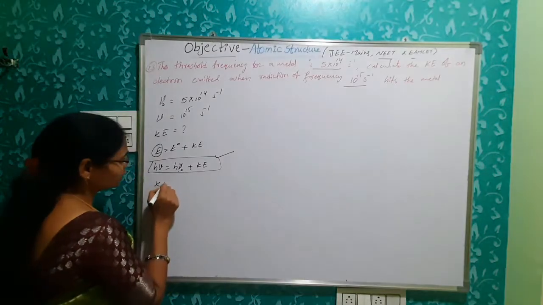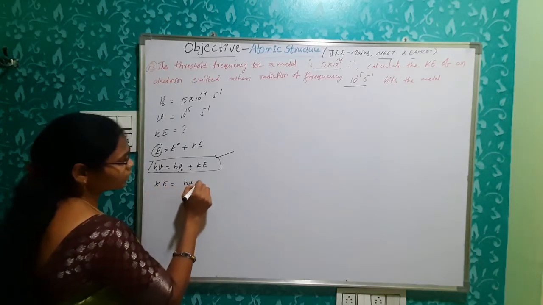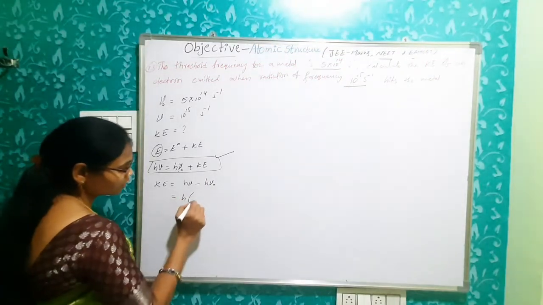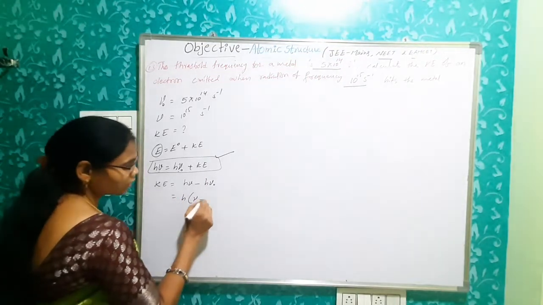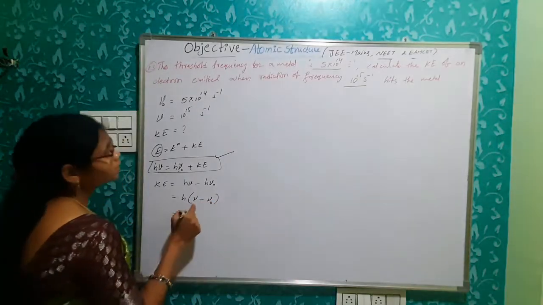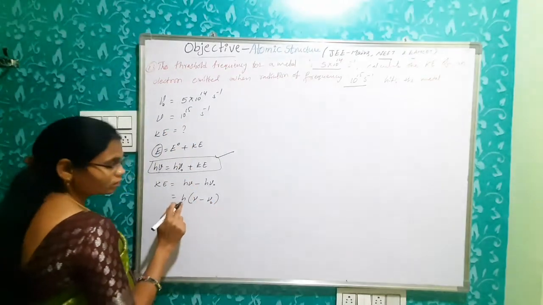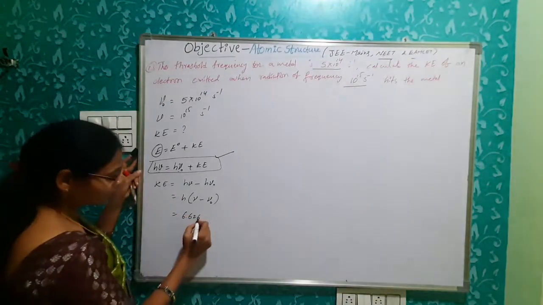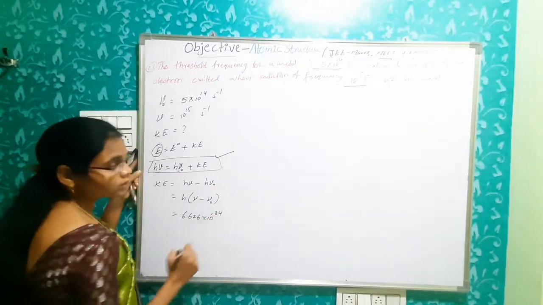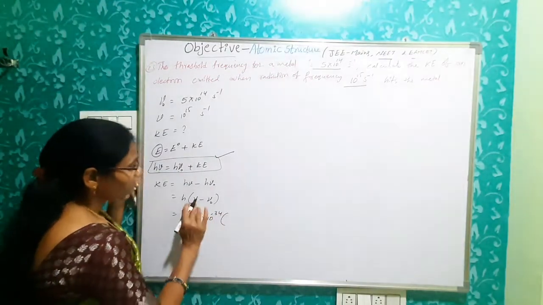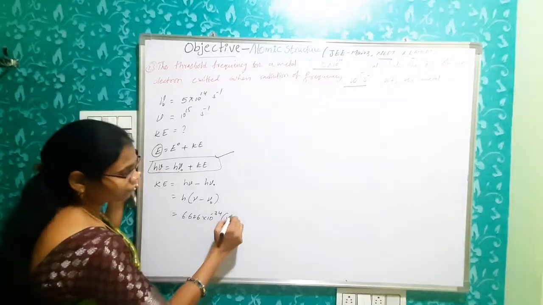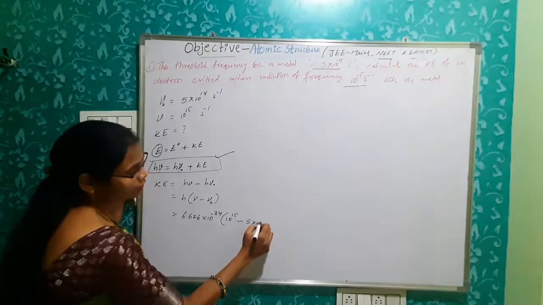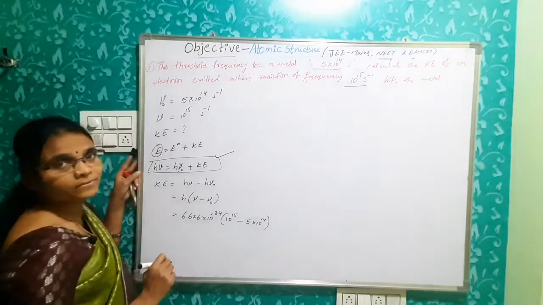Okay, kinetic energy is equal to h nu minus h nu naught. So you take h common: h times nu minus nu naught. The h value we know very well, 6.626 into 10 power minus 34 joule second. Nu is given as 10 power 15 minus 5 into 10 power 14. Simple problem.